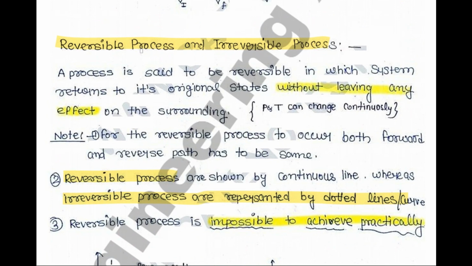Suppose during heat transfer the driving force is temperature, then the temperature difference should be infinitesimally small. Then only it will be a reversible process. Also, a reversible process states that its forward and backward paths should be the same. If it comes back to the original state, it should come with the same path.